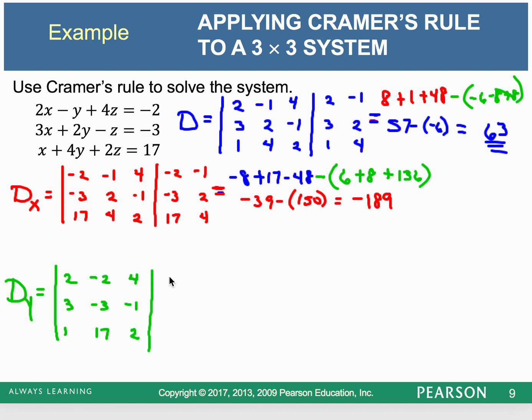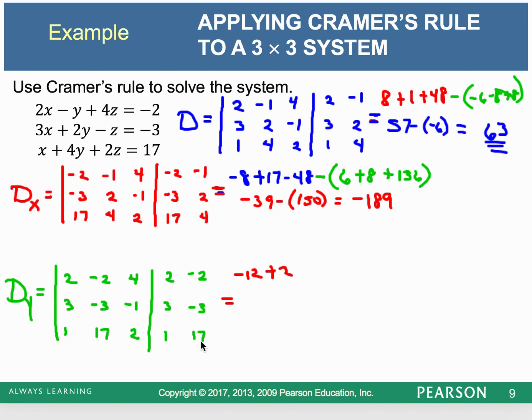Repeat the first two columns. 2, 3, 1. Negative 2, negative 3, 17. All right. So negative 12 plus 2.